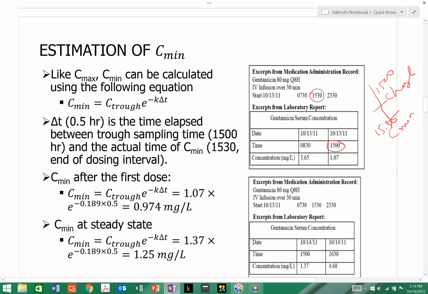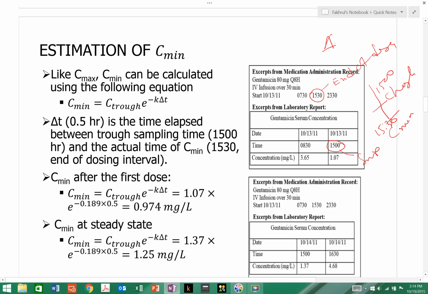For C trough, for example here, these are dosing intervals, the end of the dosing interval is this, and you took the sampling at the sampling time, so that difference will give you delta T.